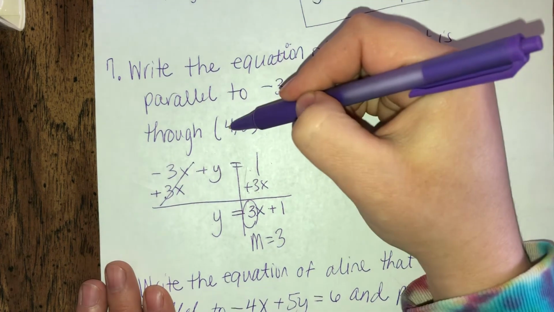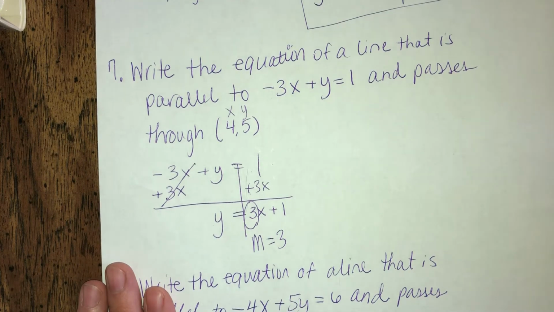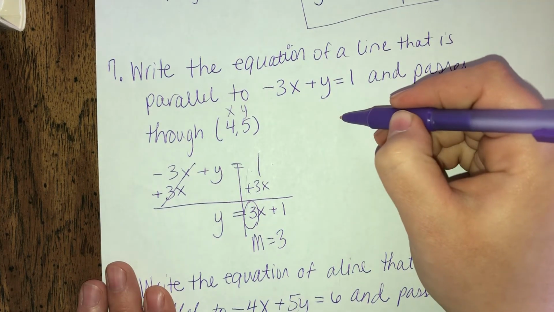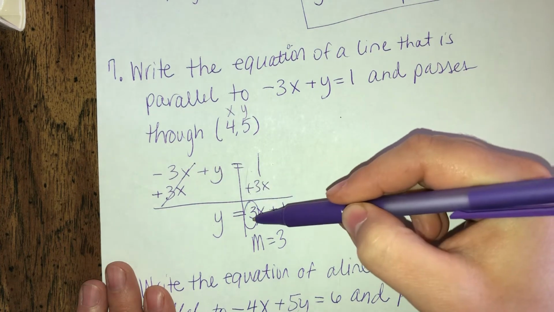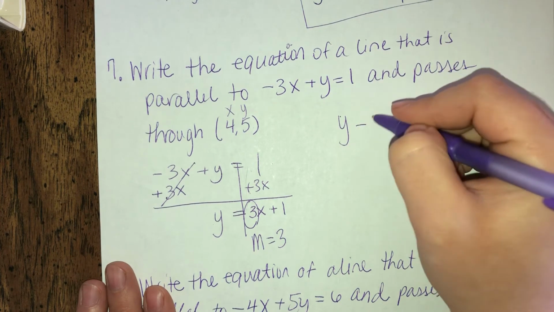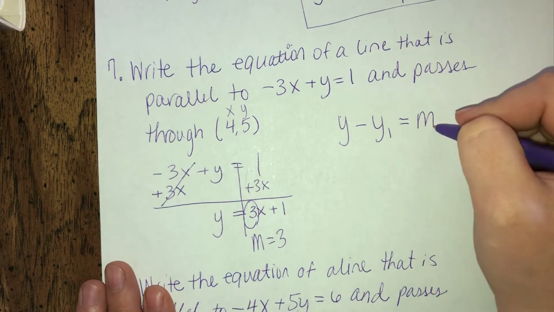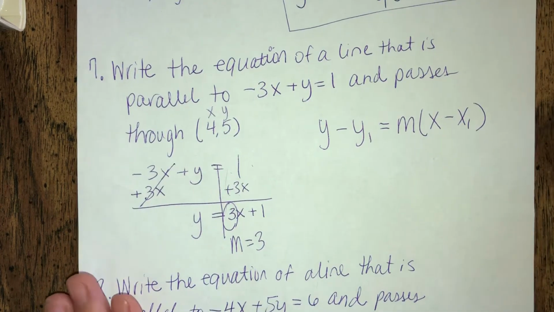I also know the point that they gave me is 4, 5. So if I'm going to be a parallel line with a matching slope from this equation, and I have to pass through this point, I now have everything I need to fill in this equation.